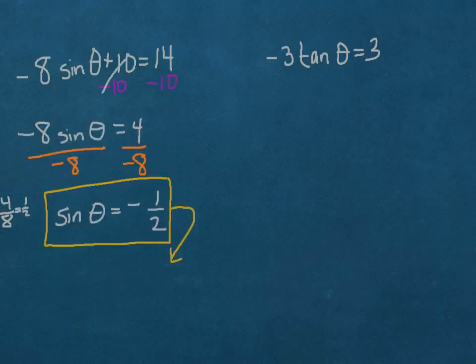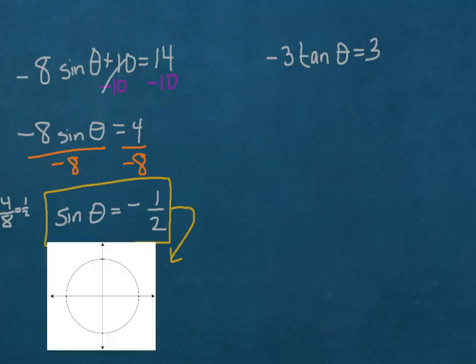Remember, once you get a solution like sine of theta is 1/2, you don't necessarily have the answer yet. We still have to think about where that is going to be on our coordinate plane, and how we are going to get our solution from there. So if sine is y and it's negative, it's going to be down here. Where sine is 1/2, where is that on the unit circle?